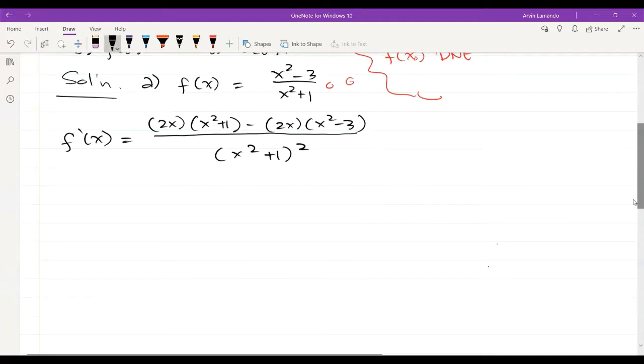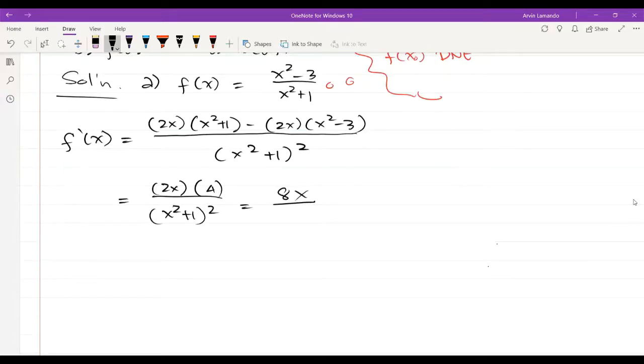If we simplify this expression, we find that f prime of x is equal to 8x all over x squared plus 1 squared.